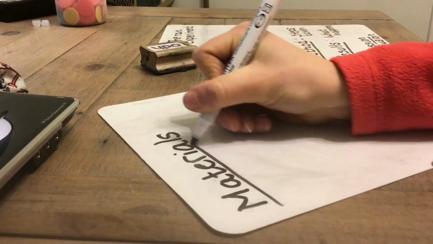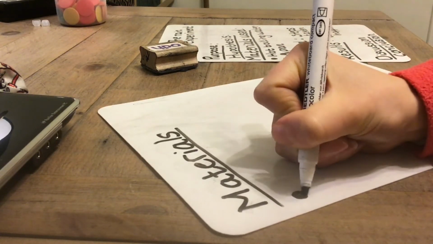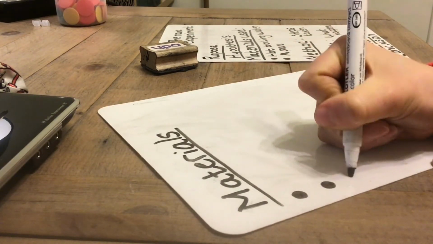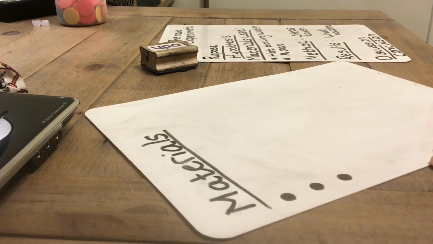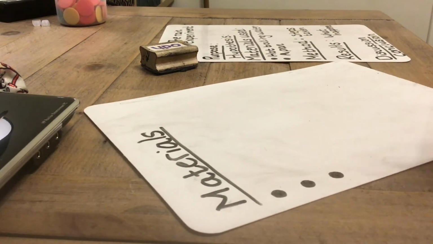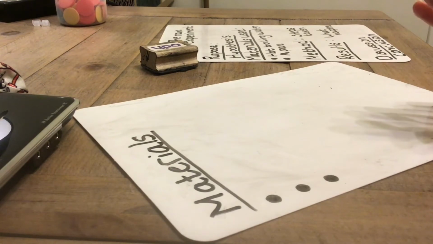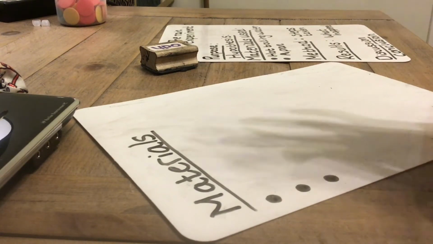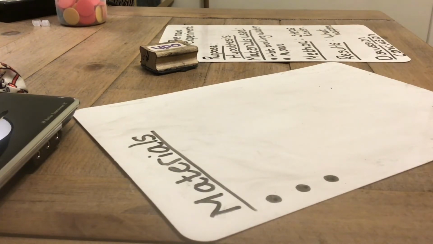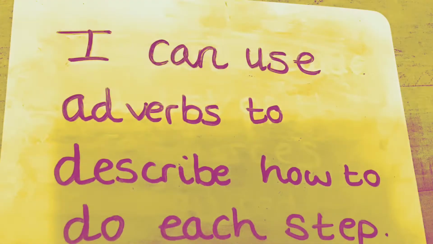I'm just going to put materials. And you use your bullet points to list all the things that you used. And as I said, you don't need to put full stops at the end of them, but you do still need your capital letters, so do not forget them. So list everything you used in your experiment.